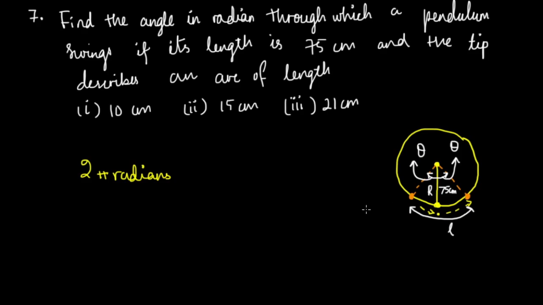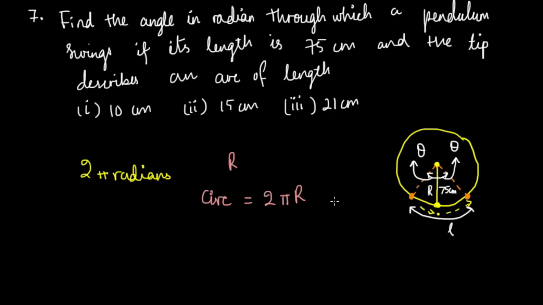So what we can do is find out how many parts this arc length is of the total circumference. That many parts would the angle be of 2 pi radians. So what is the total circumference? If the radius of the circle is r, then the circumference is equal to 2 pi r, whatever the unit.